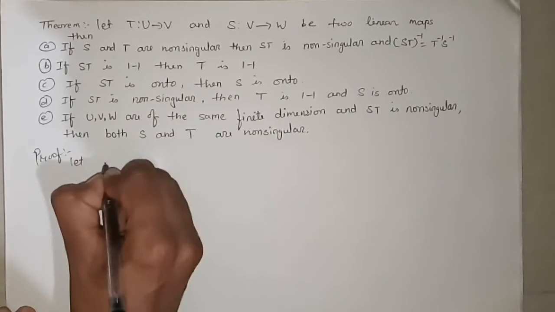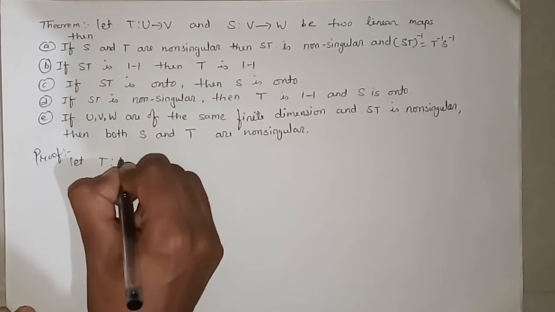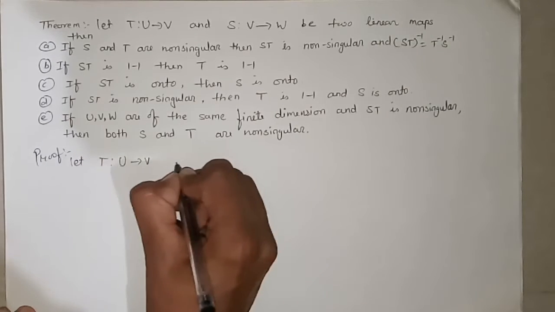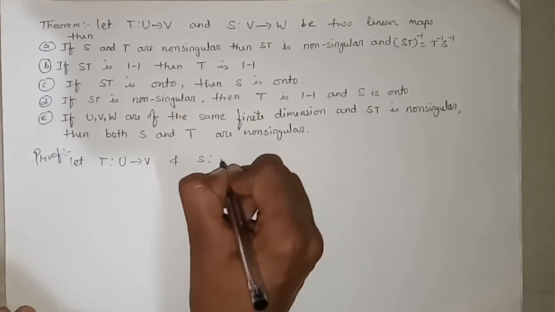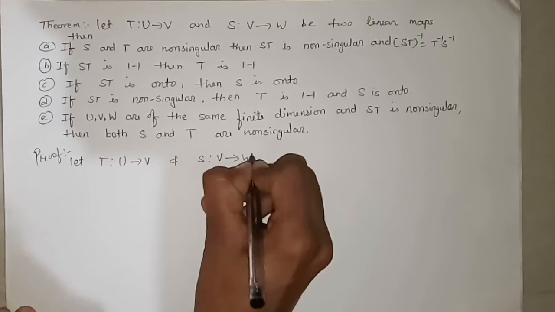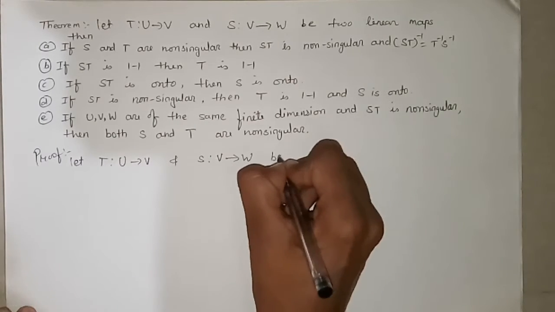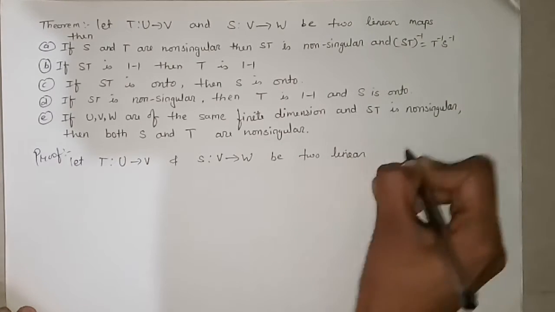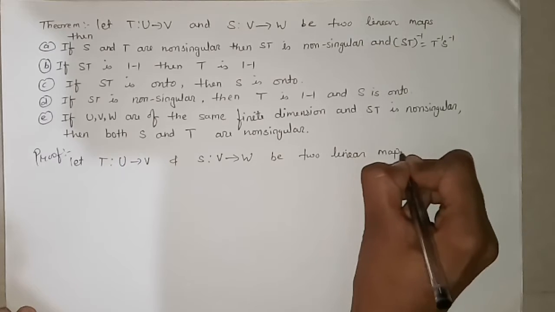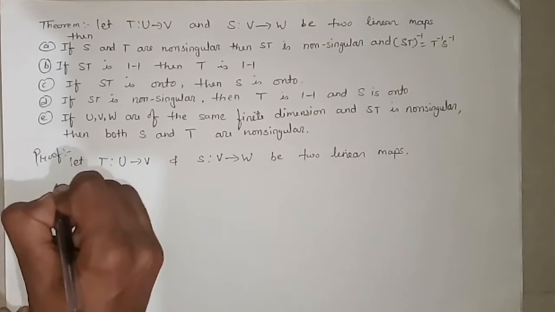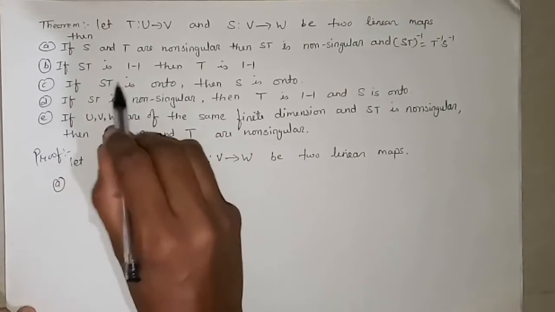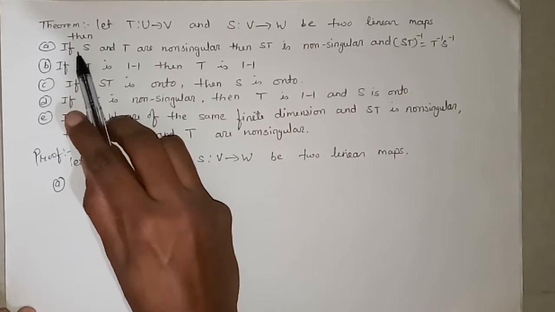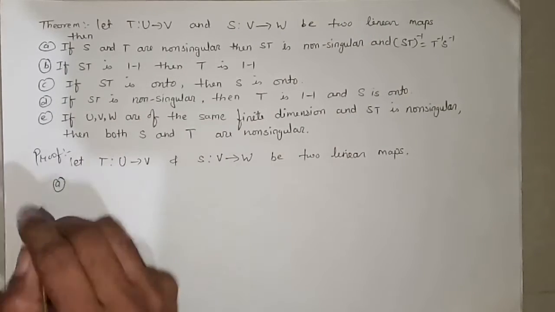Initially, let T be a mapping from U to V and S be a mapping from V to W, two linear maps. Now for the first part, it is given that S and T are non-singular.